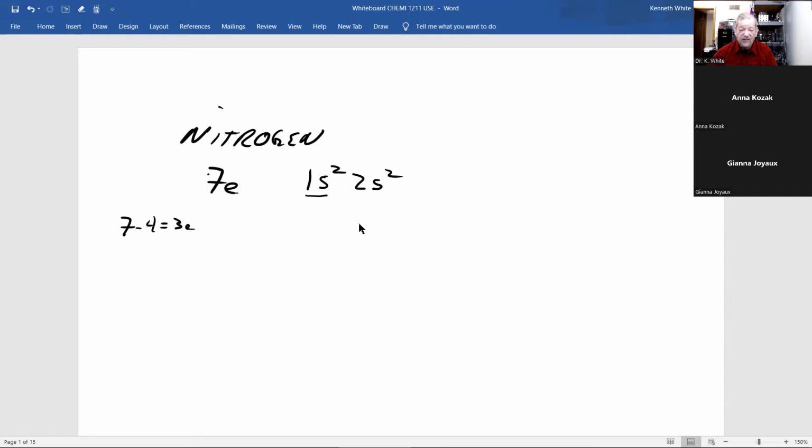And now I go to the next lowest subshell in 2, and that's 2p. Remember, a subshell name is a number and a letter. And I can put up to 6 electrons in 2p, but I only need 3. So I've done that. And that's how you do electron configuration.